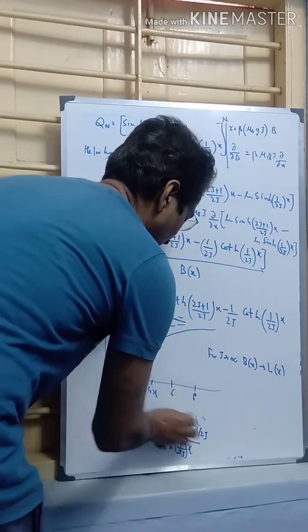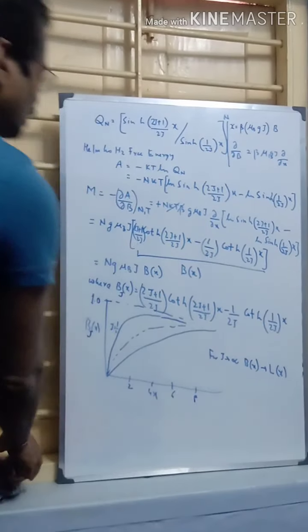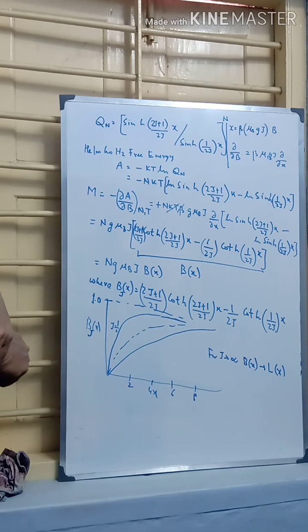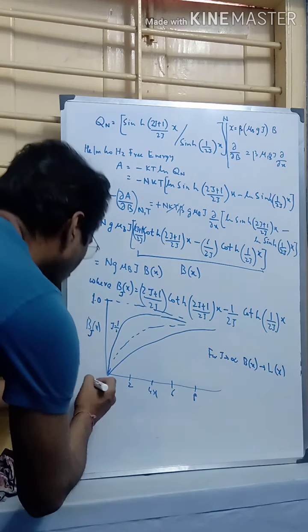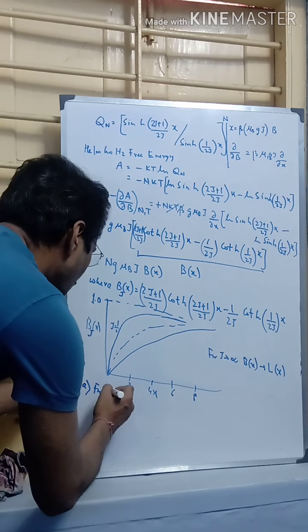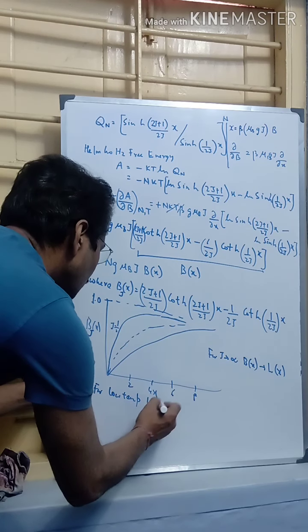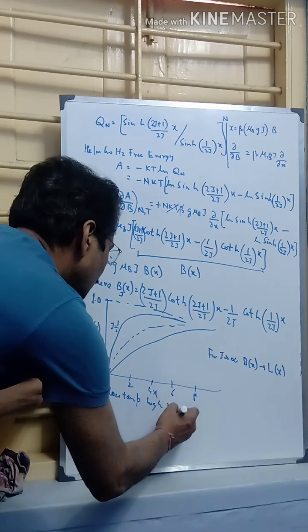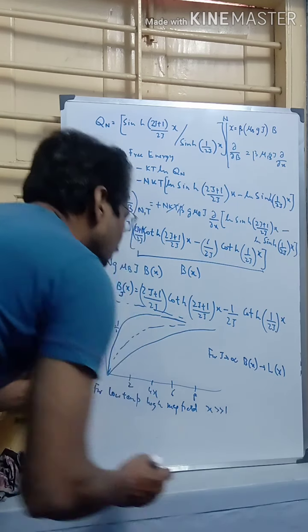And again, if we want to consider the two cases, the first case is low temperature and high magnetic field, that is x is much greater than 1.